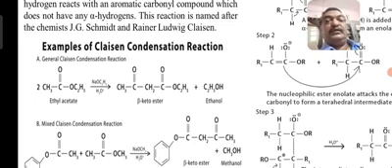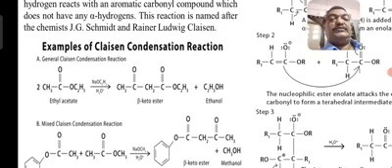So two molecules of ethyl acetate, when treated, add together to give a beta keto ester. What is that? CH3COCH2COOC2H5 with elimination of ethanol. So here the two molecules undergo condensation to give beta keto esters.